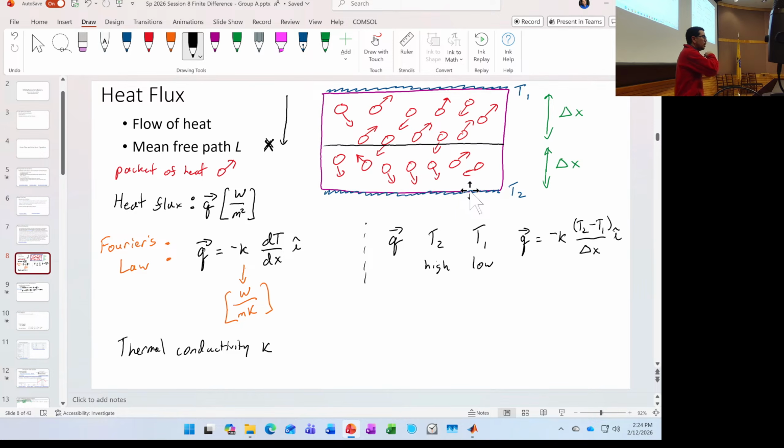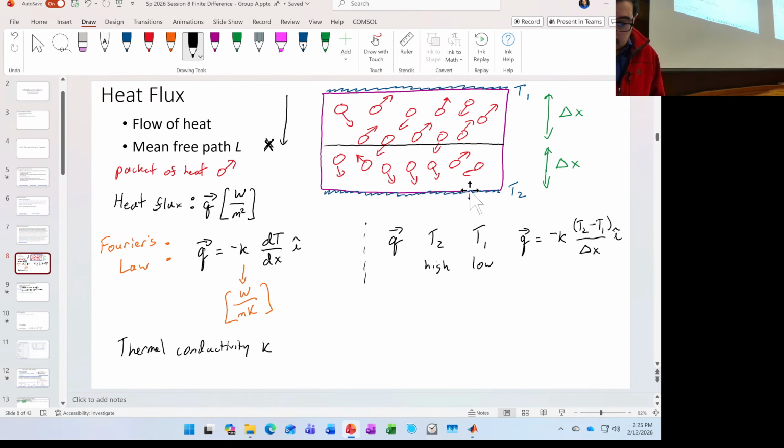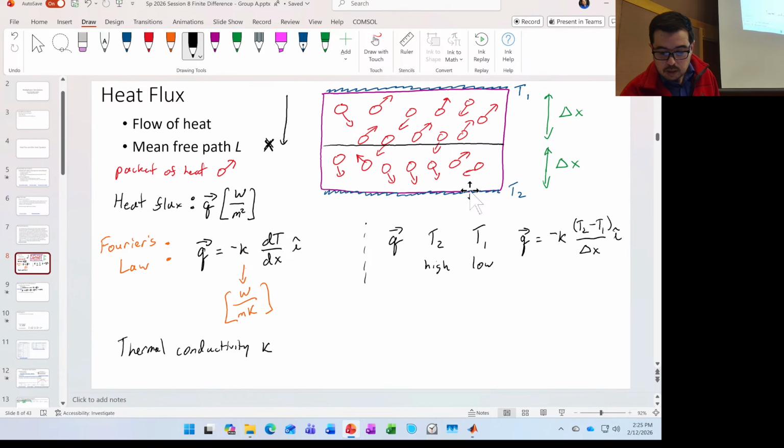Another way to look at this: say this is x2, this is x1, and x0.